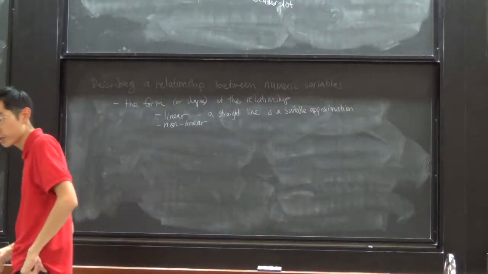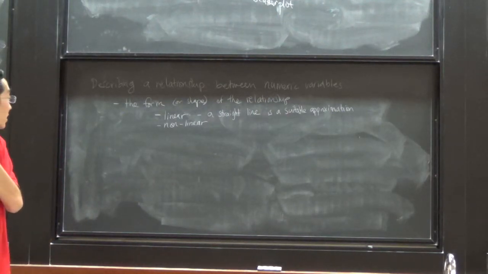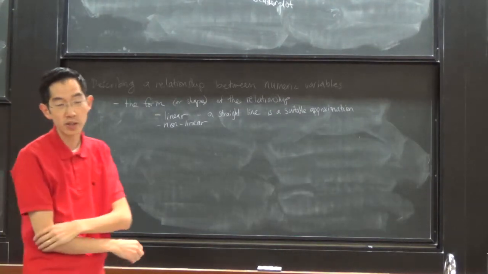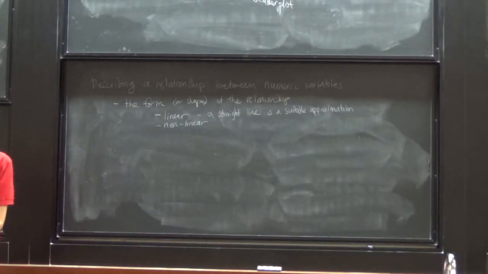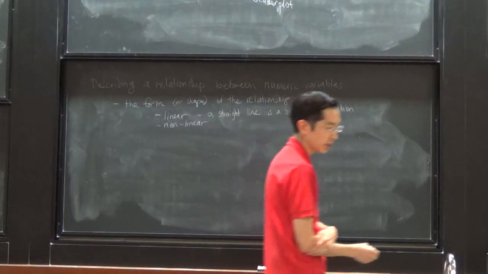So the length of the snake and weight of a snake, a straight line seems to encompass that overall relationship pretty well. And we see longer snakes tend to weigh more, shorter snakes tend to weigh less.